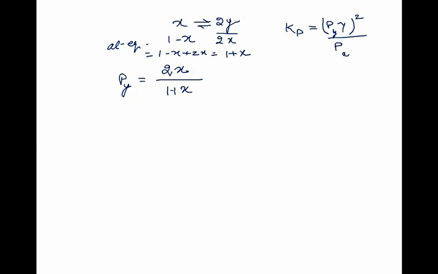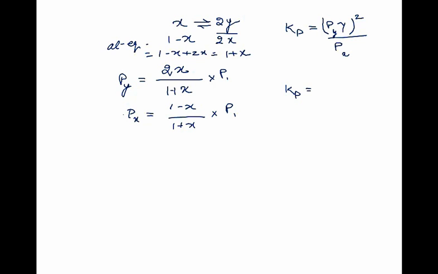So 1 plus x into P1, that is the total pressure, right? Likewise, the partial pressure of X would be equal to 1 minus x by 1 plus x into the total pressure of the system, that is P1.